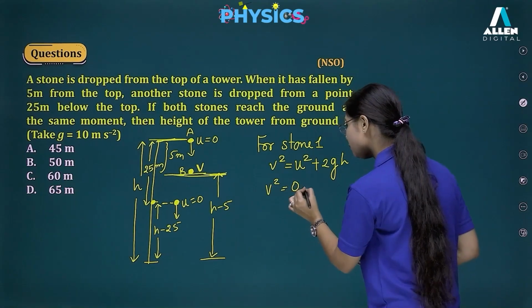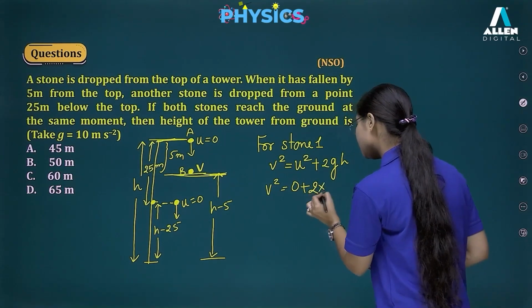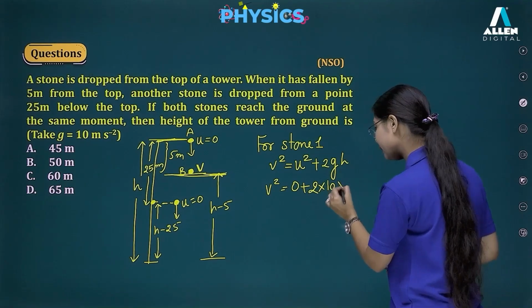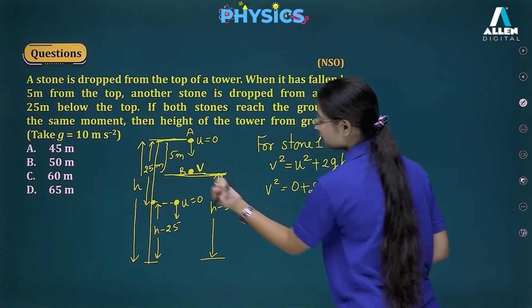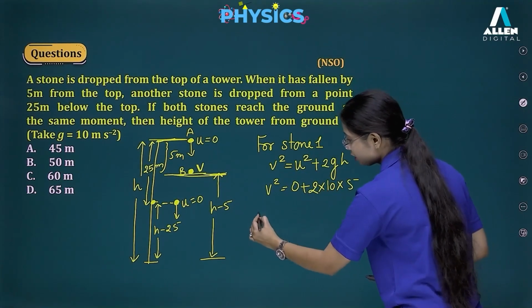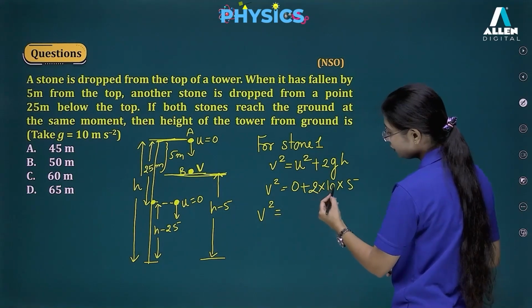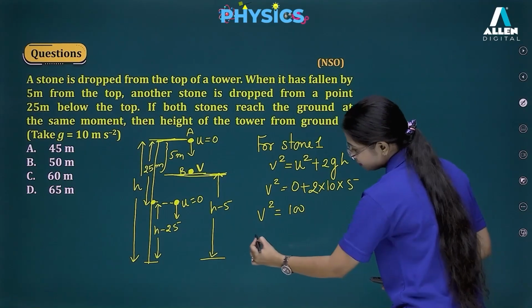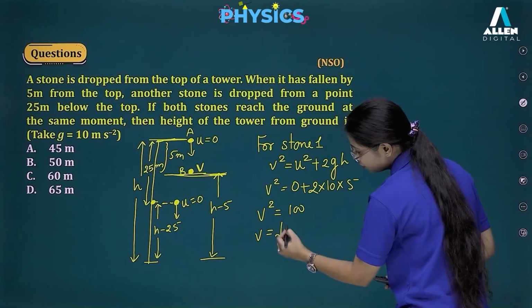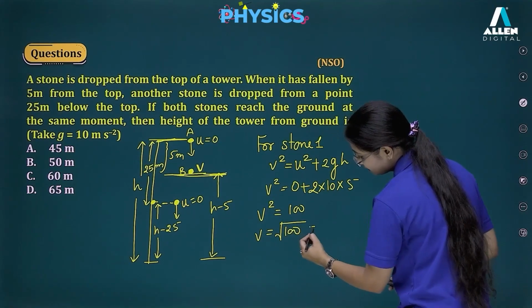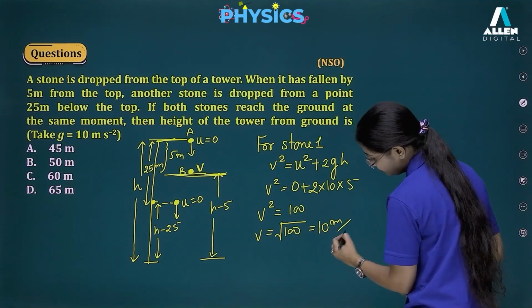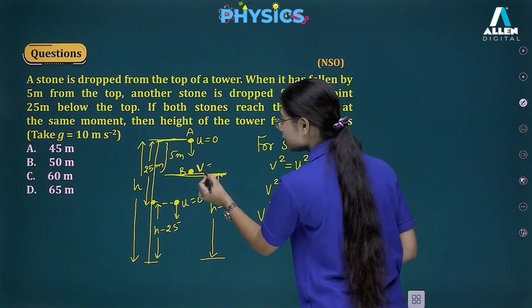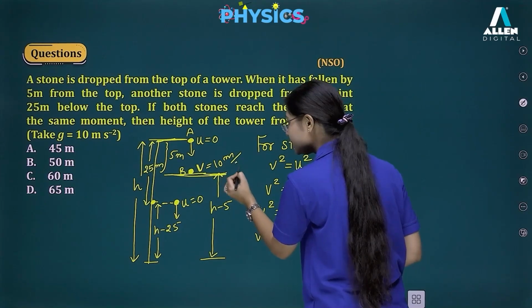So, V square is equal to 0 plus 2 g, we have to take 10, and h. So, height is 5 meters right now. So, V square will be 2 into 10, 20, 20 into 5. So, it will become 100. So, V will be root of 100. That means 10 meters per second. That means here the velocity will become 10 meters per second.